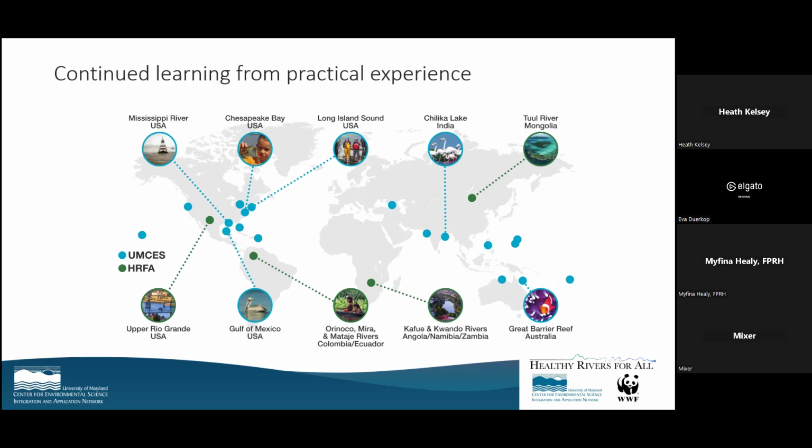And the other thing we're able to do is take all of those things and bring them back to Chesapeake Bay and apply the things that we've been trying and working on in other places. So we've generated a good amount of practical experience in developing these report cards at different places. And we've hopefully been able to learn a little bit from that experience.